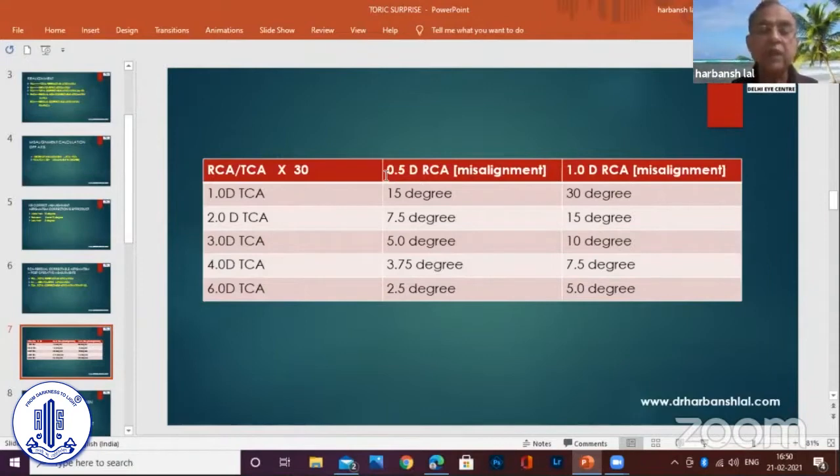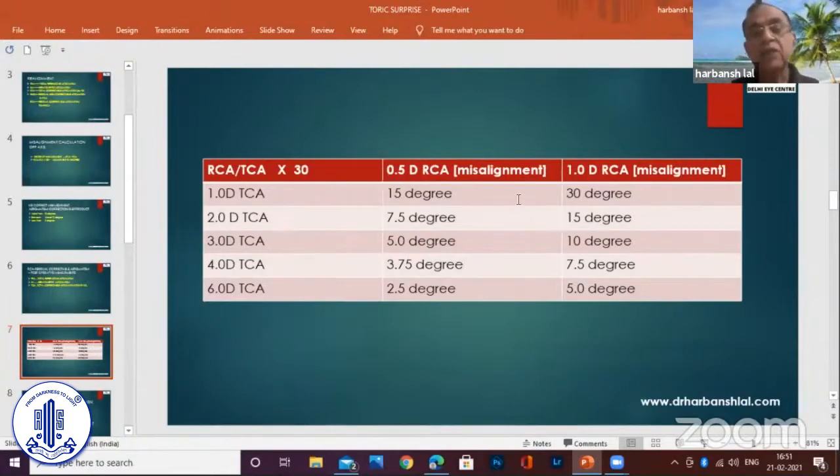And if you take 1 diopter, usually we don't correct 0.5 diopter. A 6 diopter IOL giving an under correction of 1 diopter, actually misalignment is only by 5 degrees, while a 1.5 diopter IOL, which is correcting 1 diopter, misalignment is by 30 degrees.